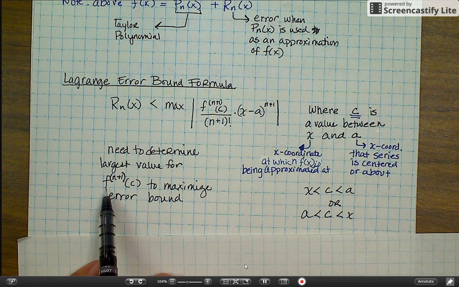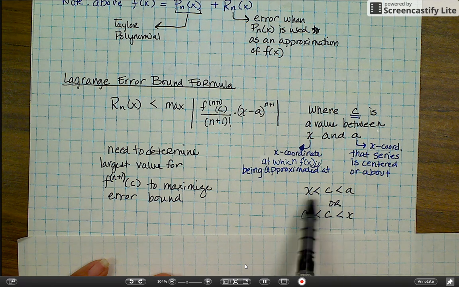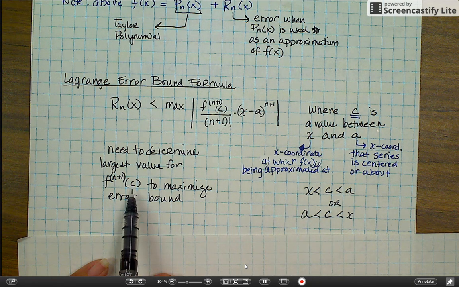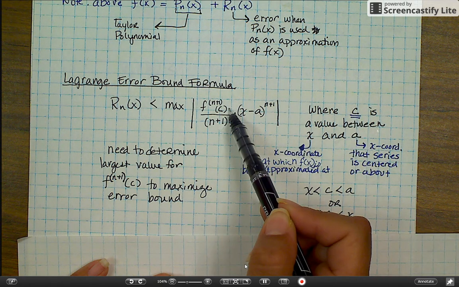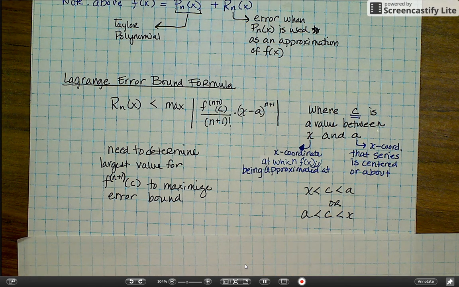There is a c, but this is a y value, where our c is in between these two x-coordinates. We want to find the largest y value of this n plus 1 derivative. And we will take that and substitute that large y value right there, okay?